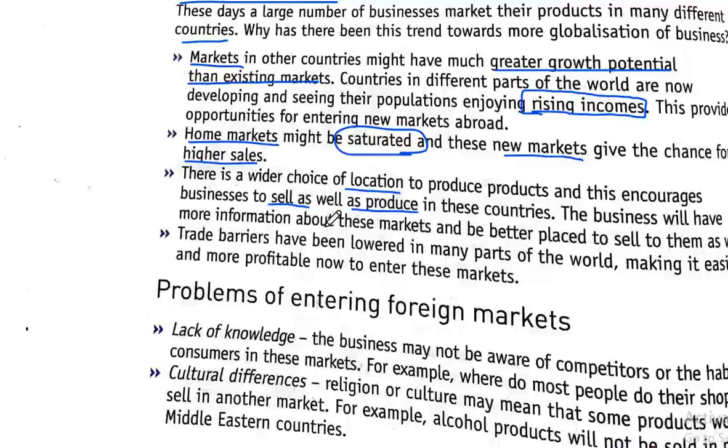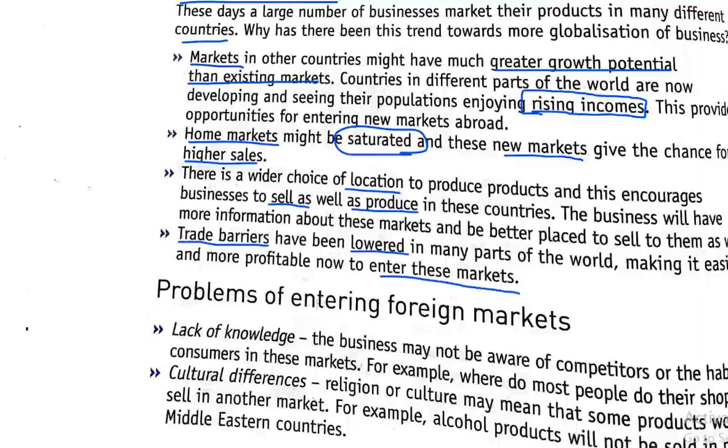So other countries might allow me to produce and sell my products in that country. Trade barriers have been lowered in many parts of the world, making it easier and more profitable now to enter these markets. Trade barriers such as tariffs and different types of taxes.